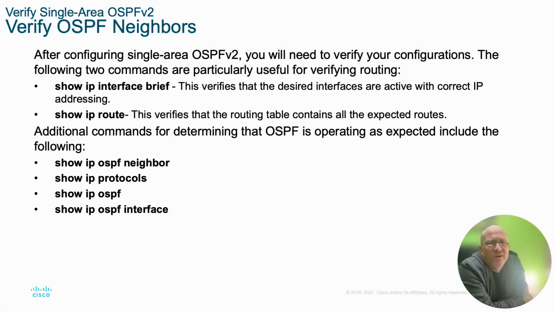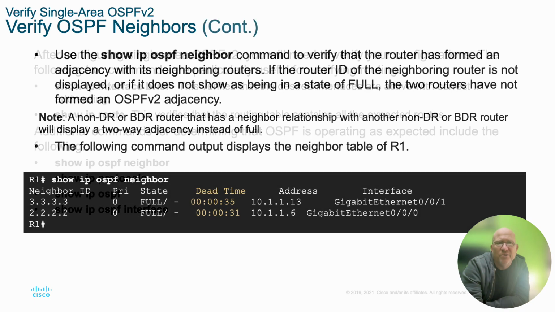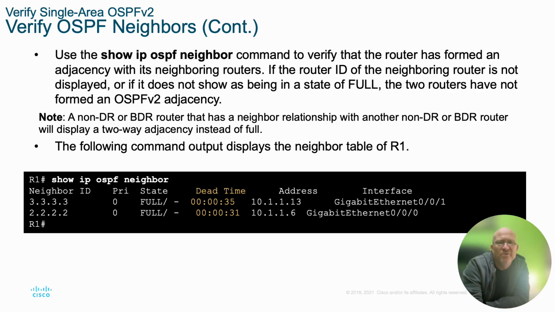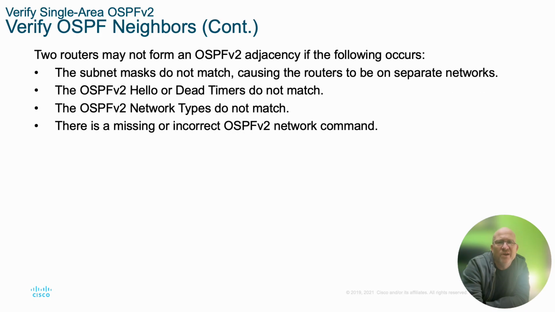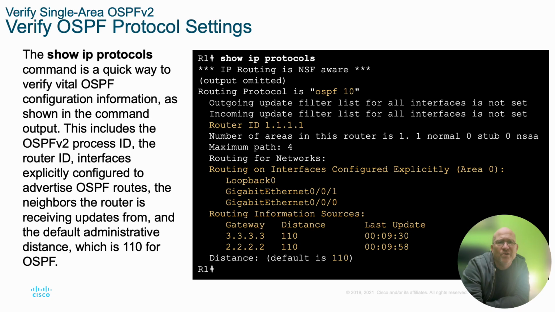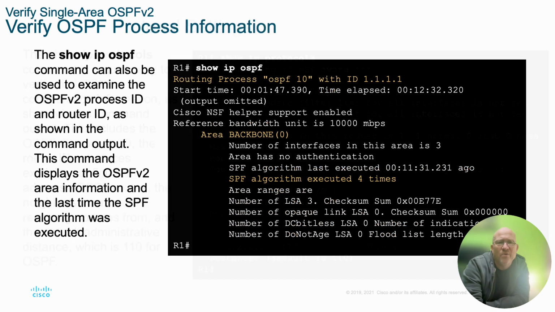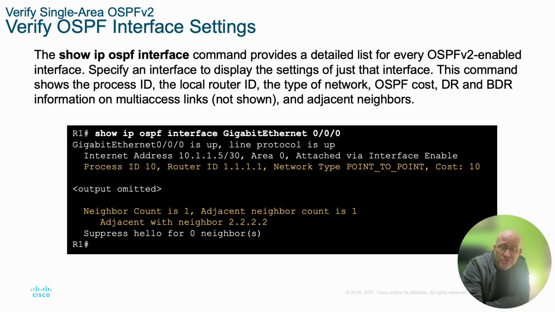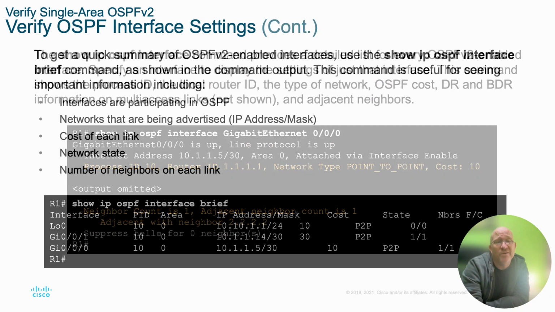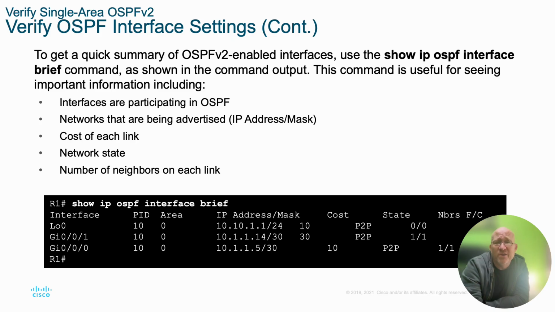To verify, I've mentioned a couple of these already. You've got show ip ospf neighbor, show ip protocols, show ip ospf, show ip ospf interface, but there is also show ip ospf topology, which is quite useful, and you can easily verify and work your way through and look at all the different OSPF settings on your router, as well as a show run, a show ip interface brief, and a show ip route.